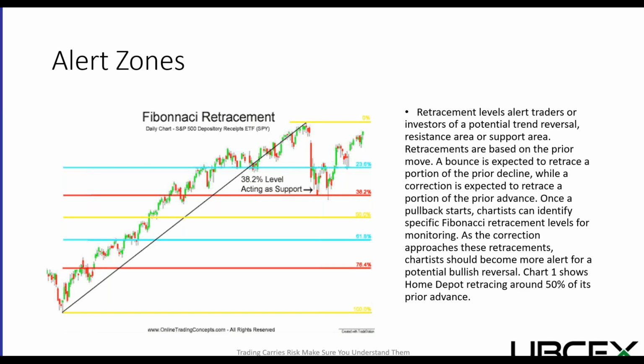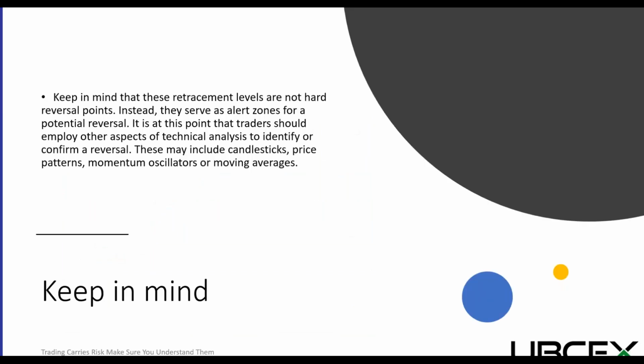Once a pullback starts, chartists can identify specific Fibonacci retracement levels for monitoring. Now keep in mind these retracement levels are not hard reversal points. Instead, they serve as alert zones for a potential reversal. It is at this point that traders should employ other aspects of technical analysis to identify or confirm reversals.